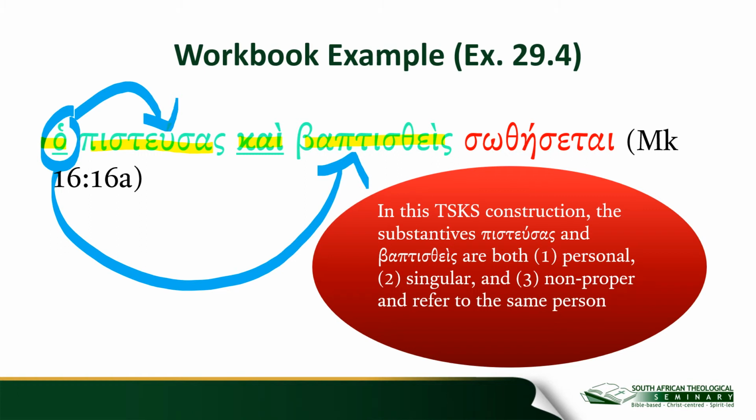In translation, it comes out nicely as the one who believes and is baptized will be saved. And of course, this entire construction here in the front is functioning as the subject of the verb sothesetai.